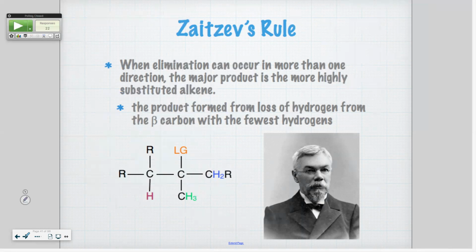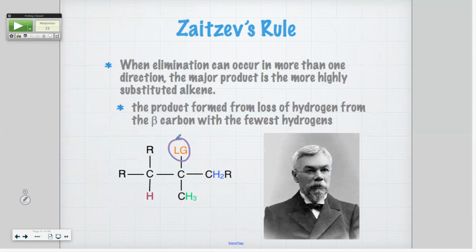That's called Zaitsev's rule. So here would be your OH, okay? So if you have your OH here, do you see that there are going to be 3 possible places you can make a double bond? You can make one here with the blue, you can make one here with the green, and you could make one over this way with the pinky one.